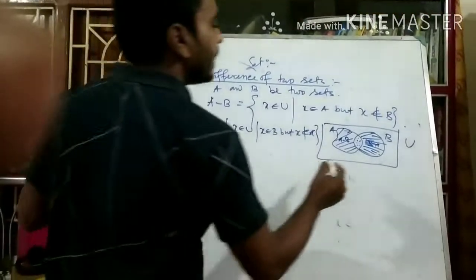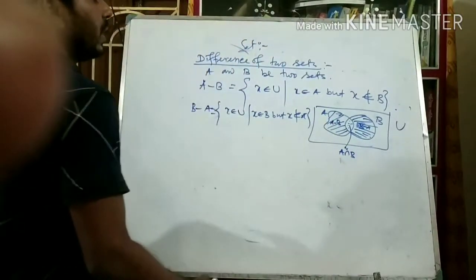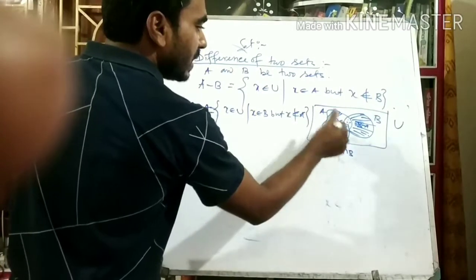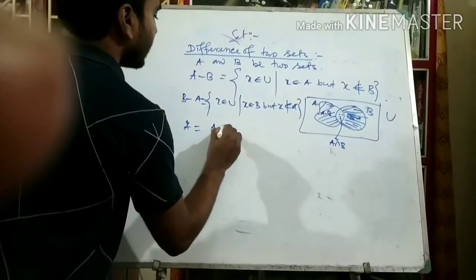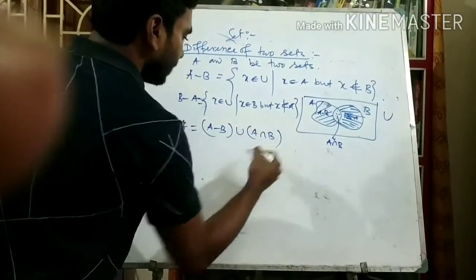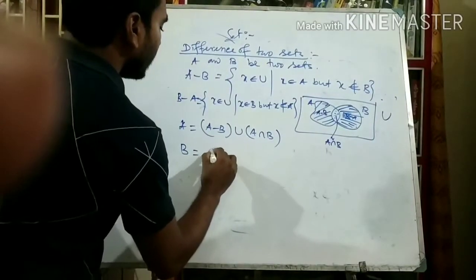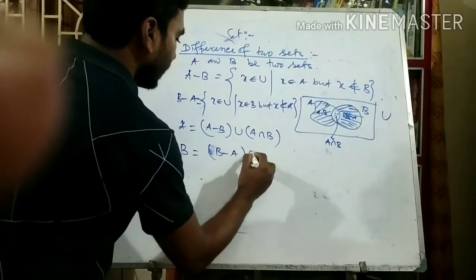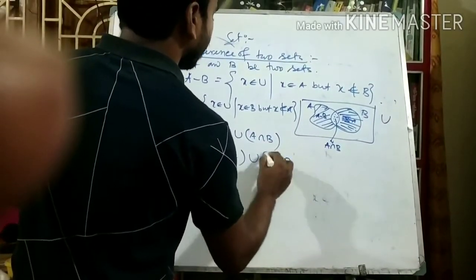As we've already said, this portion is my A intersection B. So if we add A intersection B to A minus B, then we can get the whole set A. So A will be A minus B union A intersection B. Similarly, B can be obtained in this way: B minus A union A intersection B. Okay.